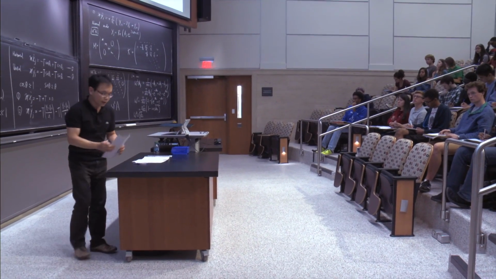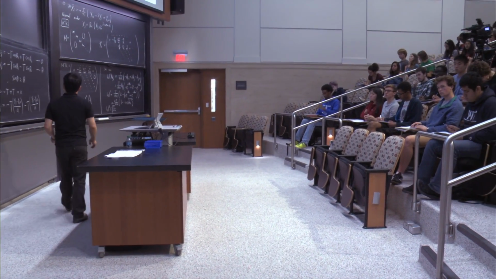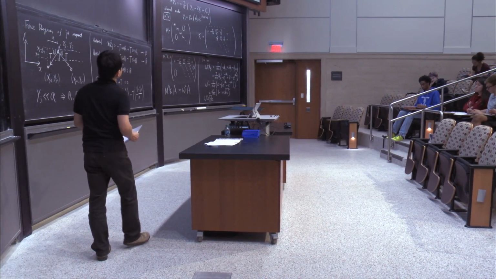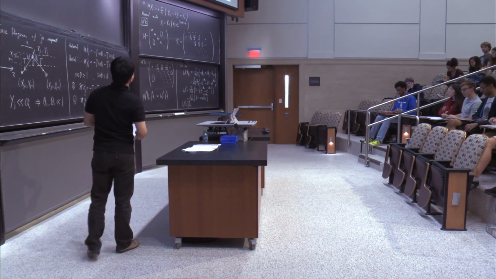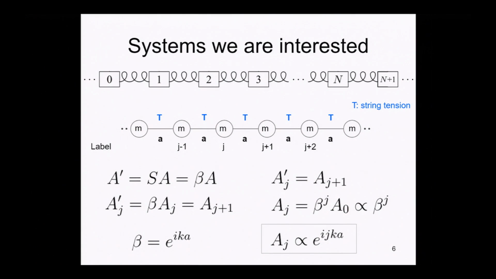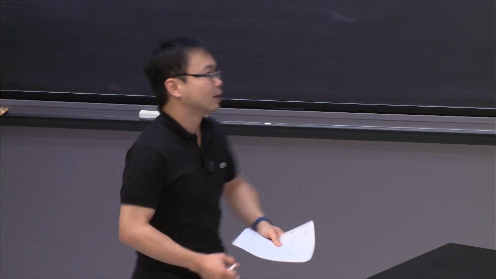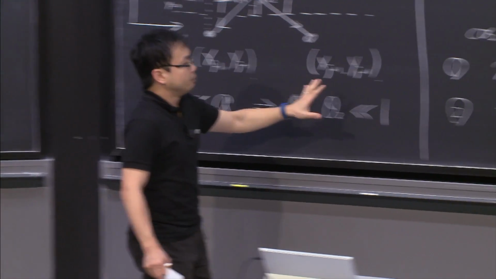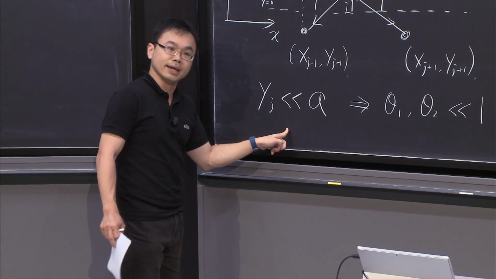Okay, so look at what we have done. We studied a highly symmetric system, which is shown in the slide. Basically, it satisfies the space translation symmetry. Then we derived the equation of motion and made use of the small angle approximation.